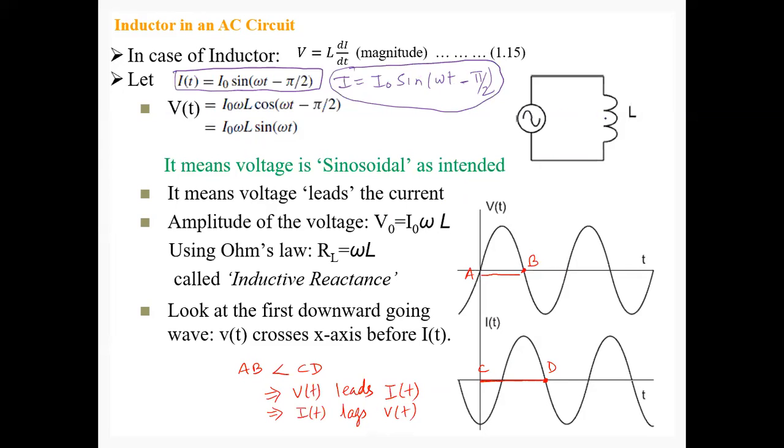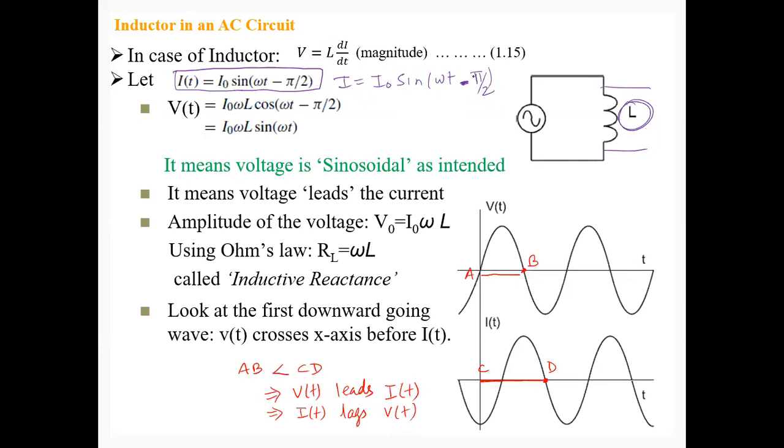Because in the case of an inductor, the voltage across the inductor is given by L times di over dt. We have to find the derivative of I, that's why I need I here. Why did I choose this minus pi over 2? It will be clear in a second.